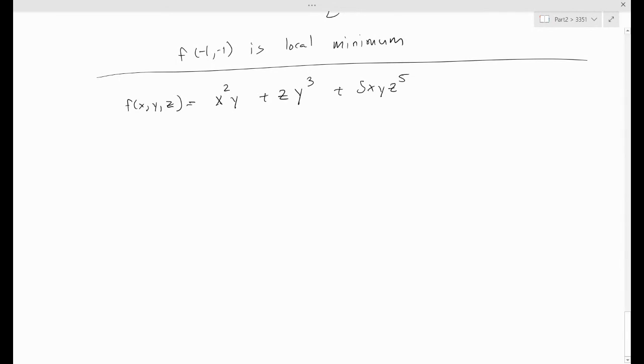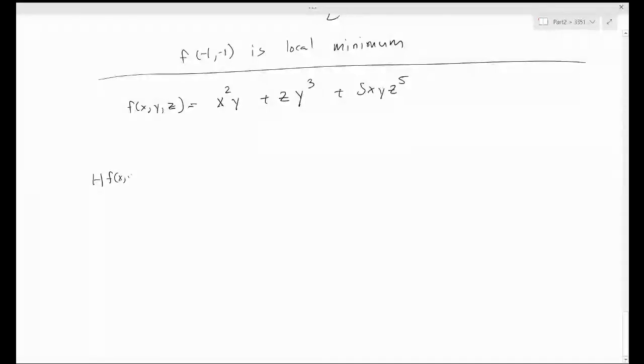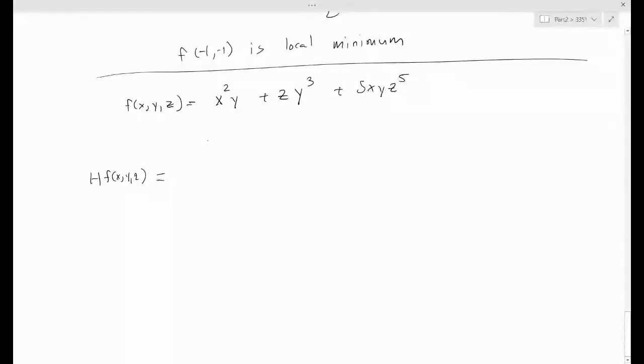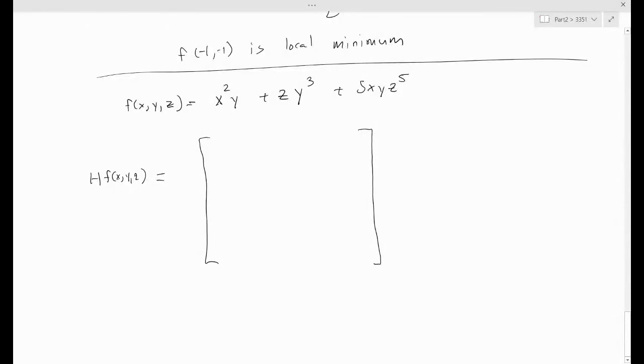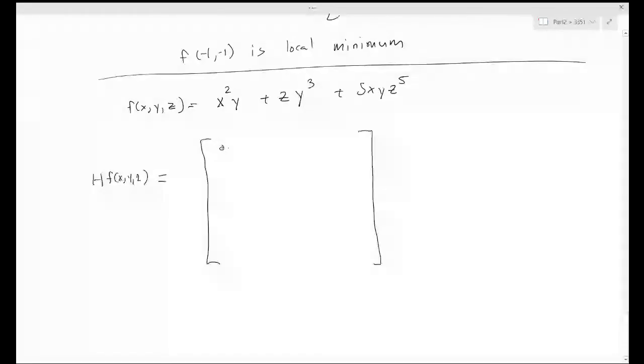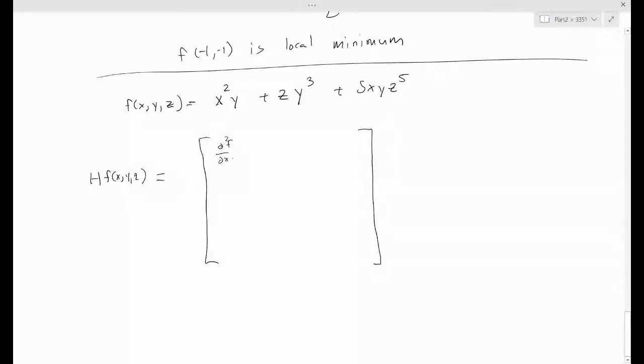Well, you would need all the second order derivatives. So how many of those are we going to have? Well, there's 3 variables. We're going to get a 9. So we're going to have to find the partial of f with respect to x twice, and so on. So this can become really tedious, I guess.